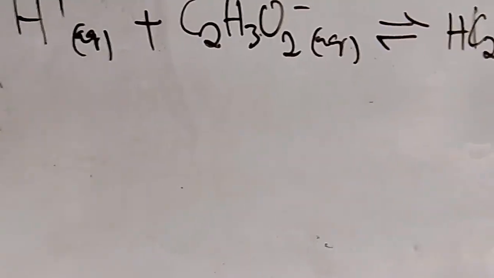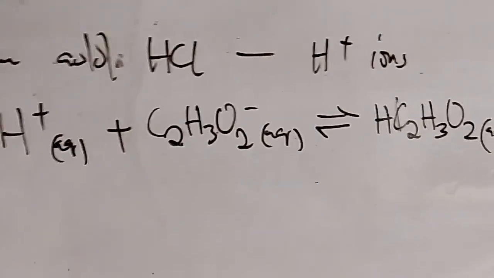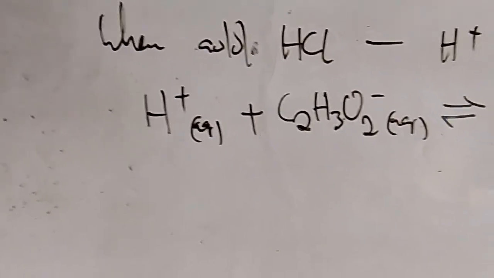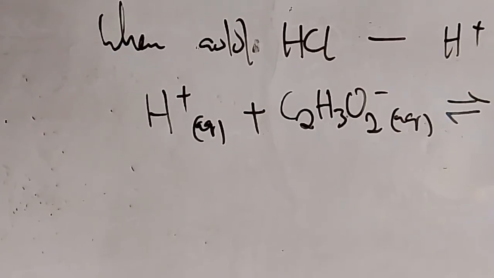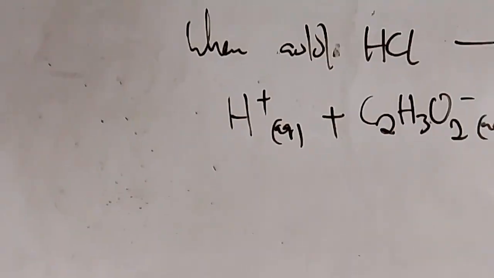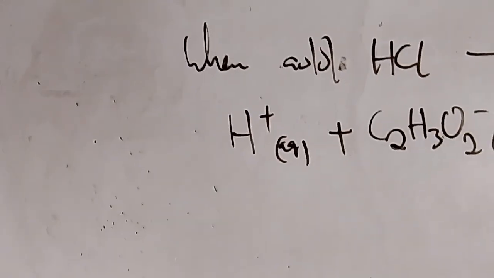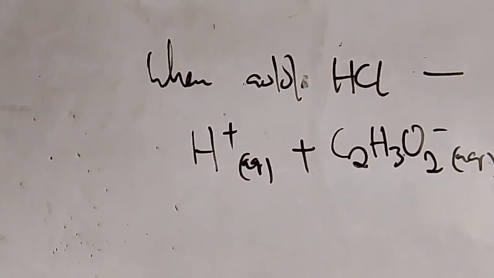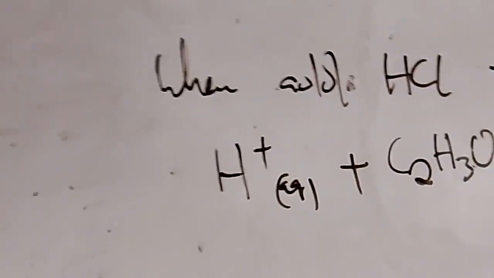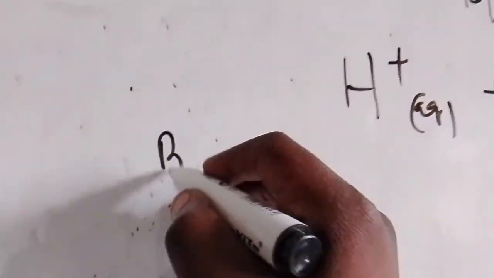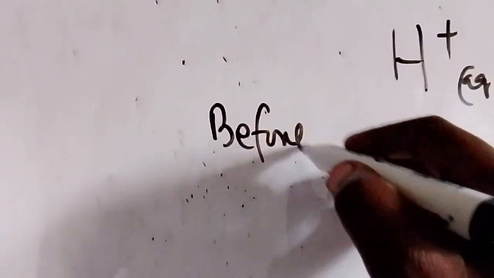So this is the reaction that will occur. Now from this we are going to determine the concentrations. Remember, HCl is a strong electrolyte, it completely ionizes, and the 0.01 is dissolved in 1 liter, so it's equal to the molarity.